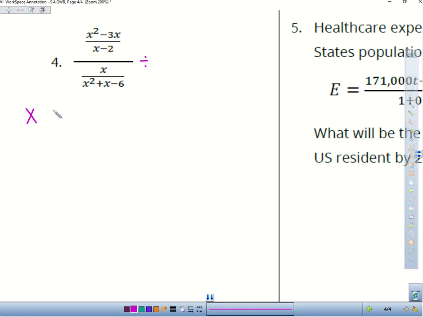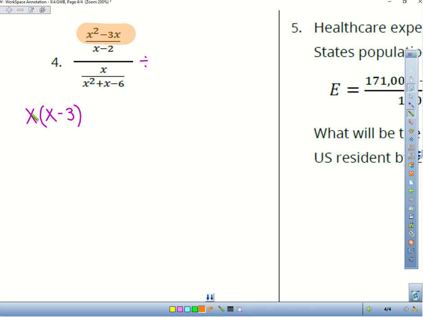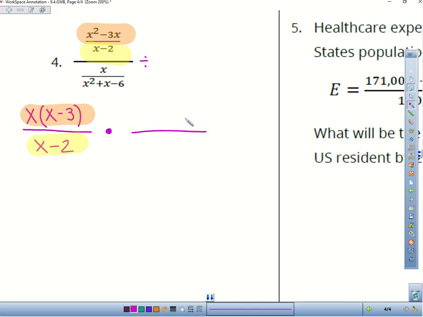That's all. So I'm going to start by factoring out an x out of this first one. And my denominator just stays the way it is because nothing's happening there. And that is going to be times, and now I'm going to take the reciprocal of this one.